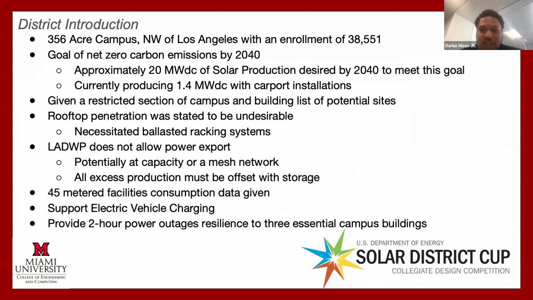For the district information, where we're studying is a Northwest neighborhood in Los Angeles that has a 356-acre campus, and they have a goal to be net carbon zero by 2040.